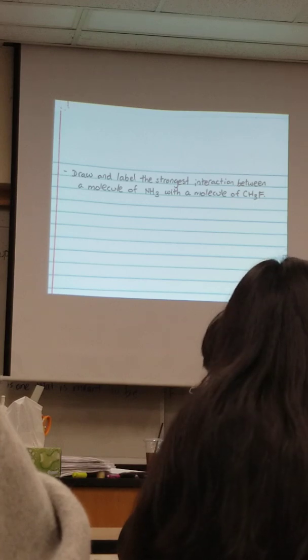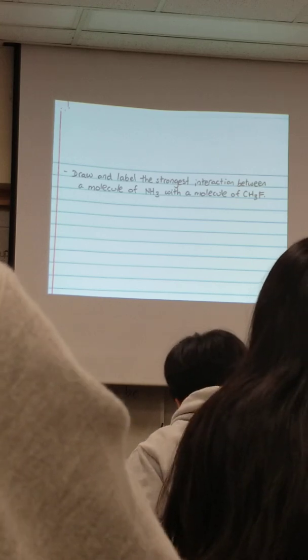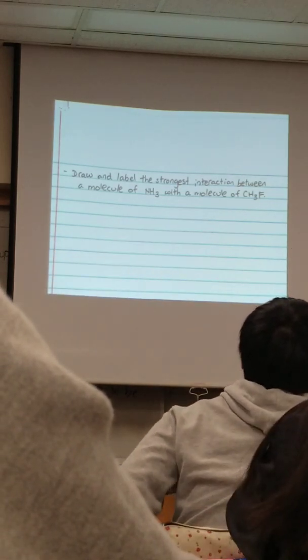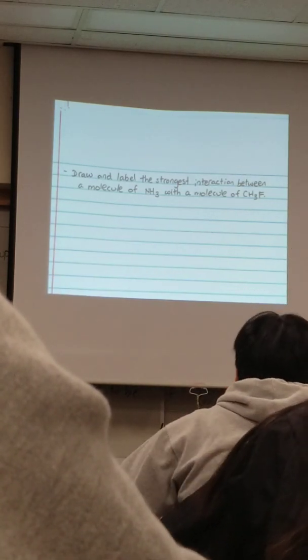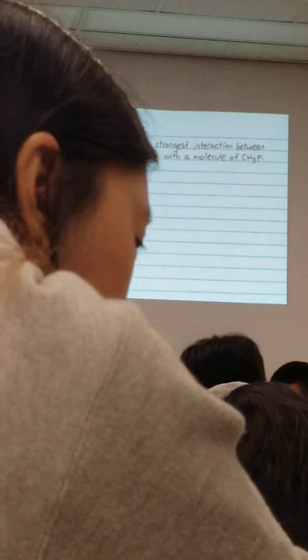It says we need to draw and label the strongest interaction between an NH3 molecule and a CH3F molecule. So, your choice how you want to draw it. But when an AP grader looks at your response, they're going to be looking for the interaction itself with the correct label. You can draw it in any direction you want. They're just looking for the interaction there. So draw the two structures and show the interaction that takes place in terms of the strongest. I'll give you a couple minutes to work on it.